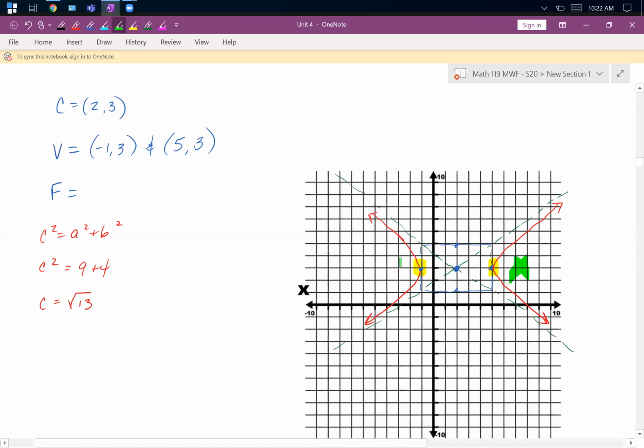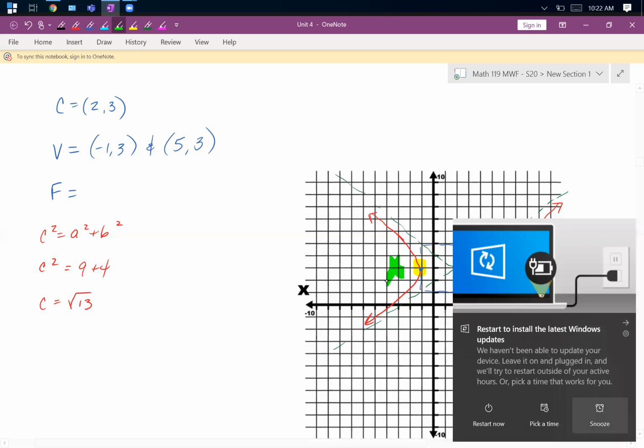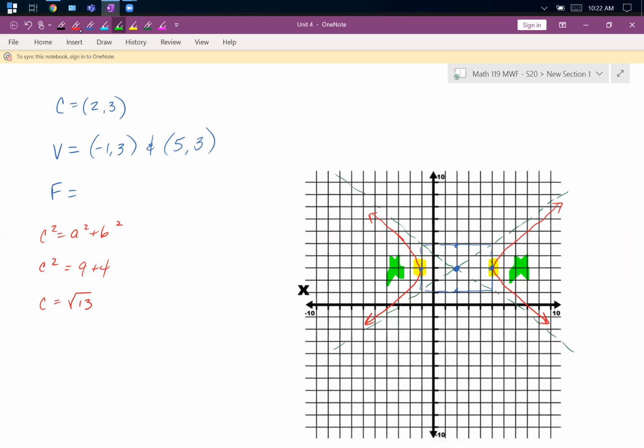I know they're going to be inside my branches here somewhere. Foci, anybody?